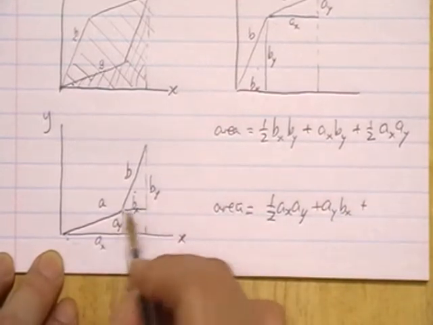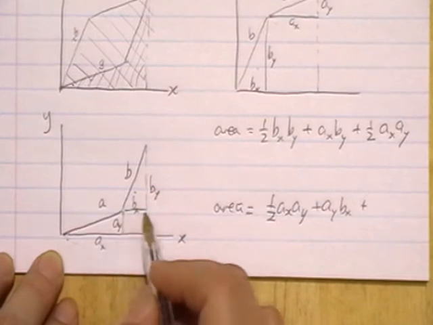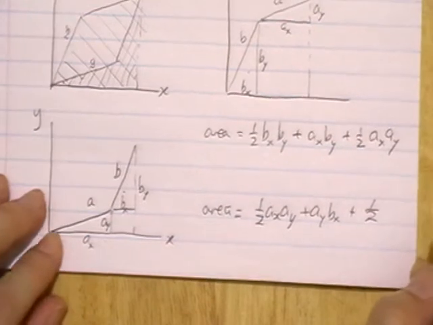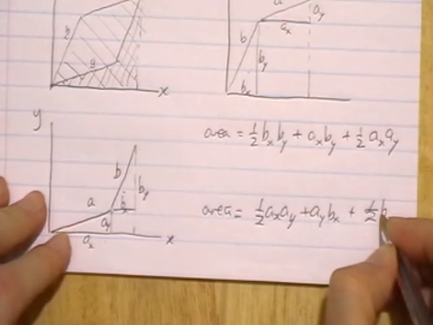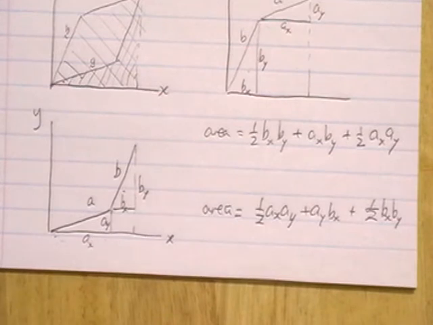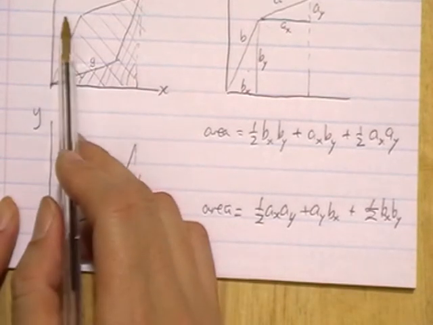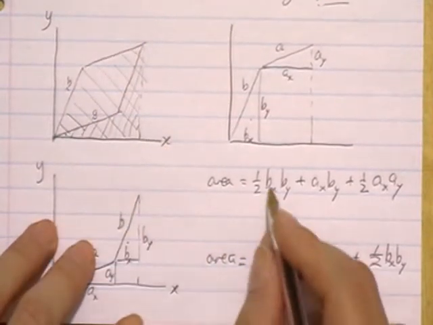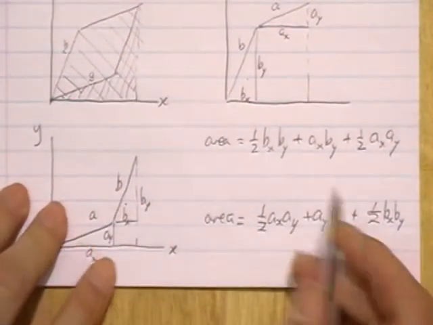So this rectangle, and that triangle is half base times height. And now I can find the area of the parallelogram by taking the difference of those two.